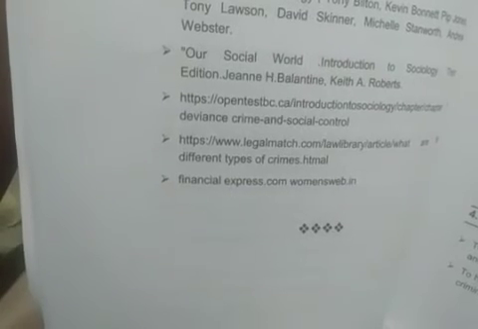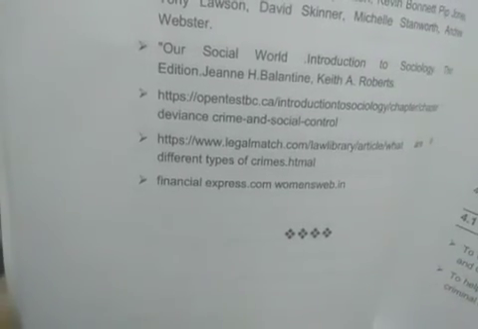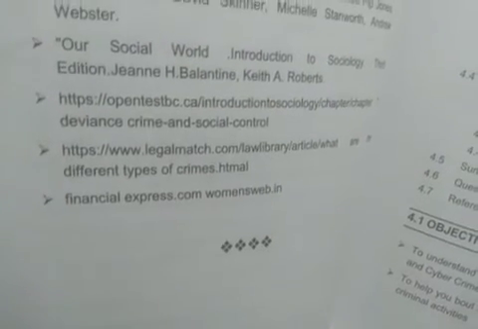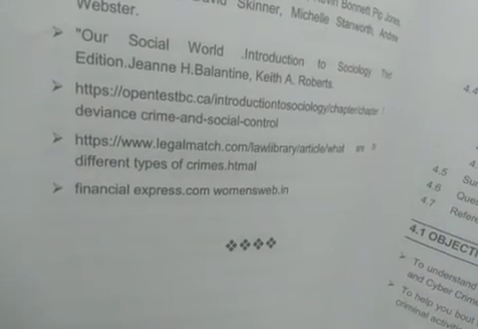Our Social World, Introduction to Sociology, 3rd edition, Jeanne H. Ballantine, Keith A. Roberts. Introduction to Sociology, Chapter 7, Deviance, Crime and Social Control. www.legalmesh.com, Law Library article, What are the different types of crimes. financialexpress.com. womansweb.in.